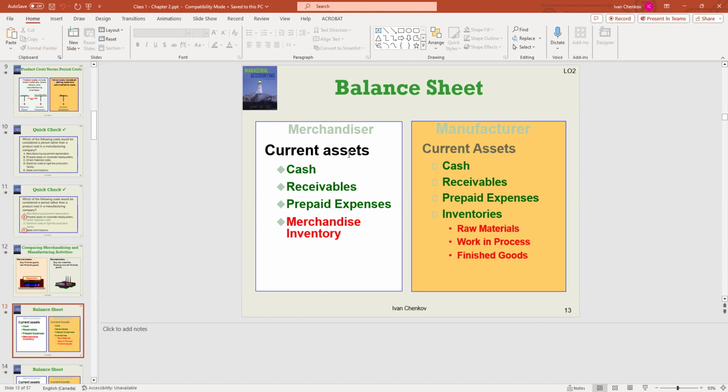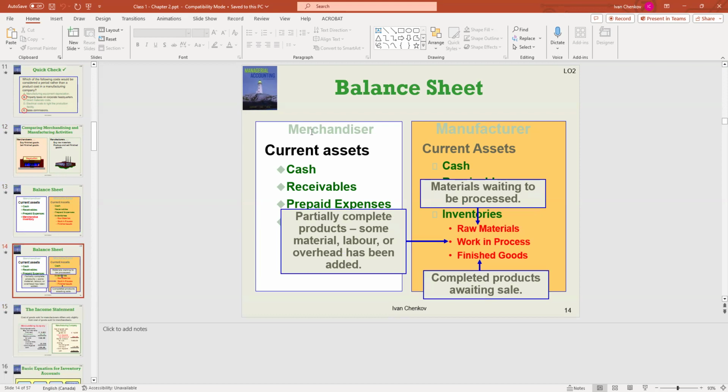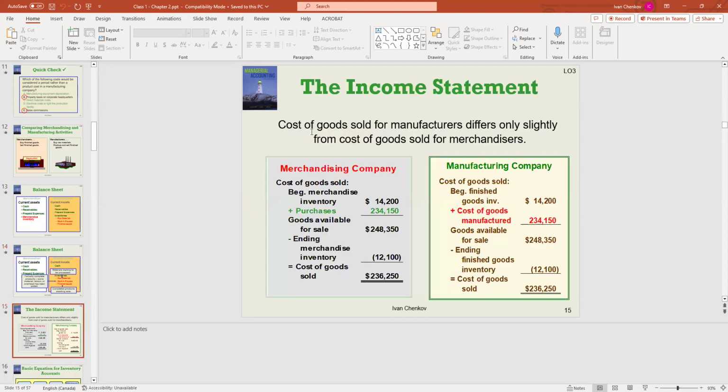That will contain products which are neither raw materials nor finished goods, somewhere in the middle, and stay in that account. The last inventory account that we're going to have for the manufacturing company is finished goods. Finished goods are the goods that are produced. They move out from work in process and stay in this account, finished goods, ready to be sold. That's the explanation for what I just said.